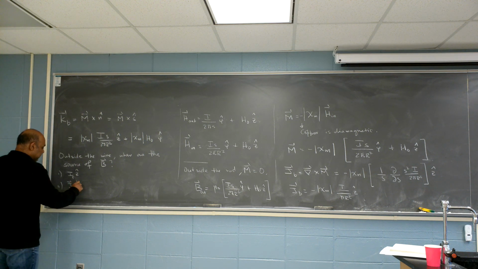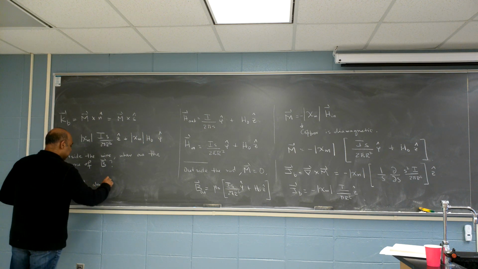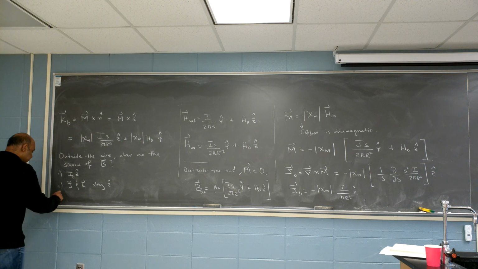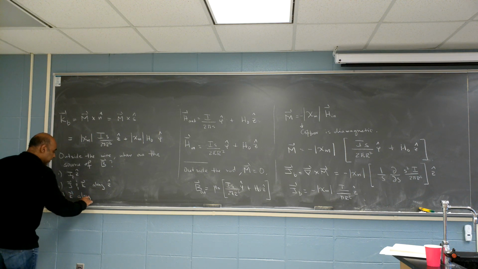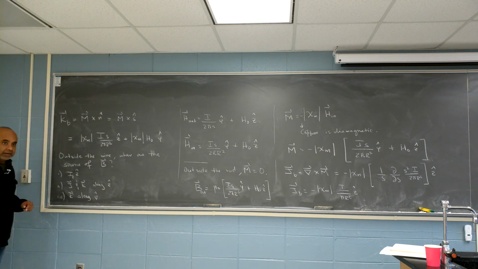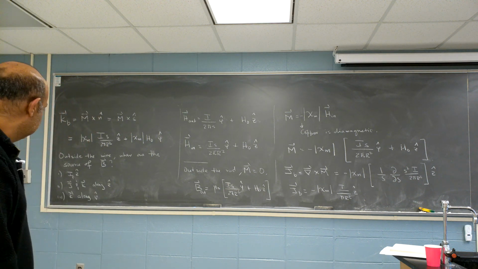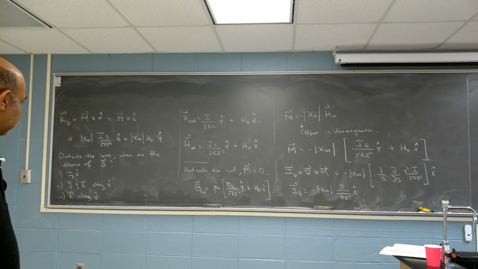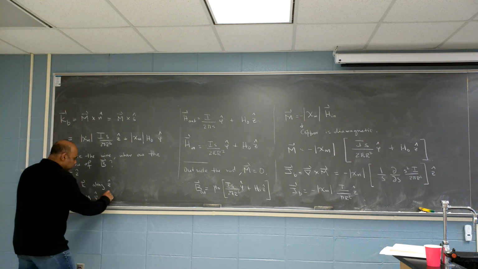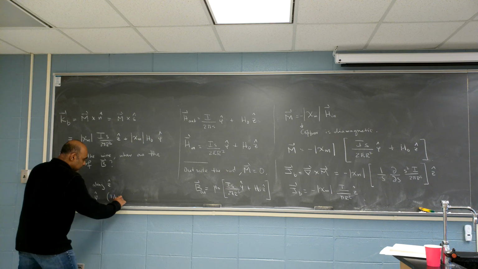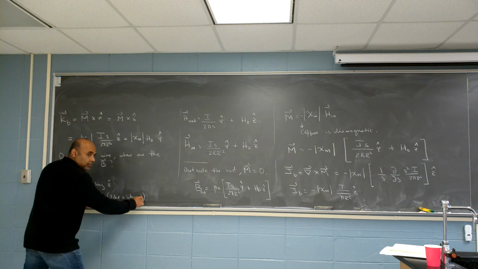And the third one is K along phi hat direction. K along phi hat is like a solenoid. Correct?